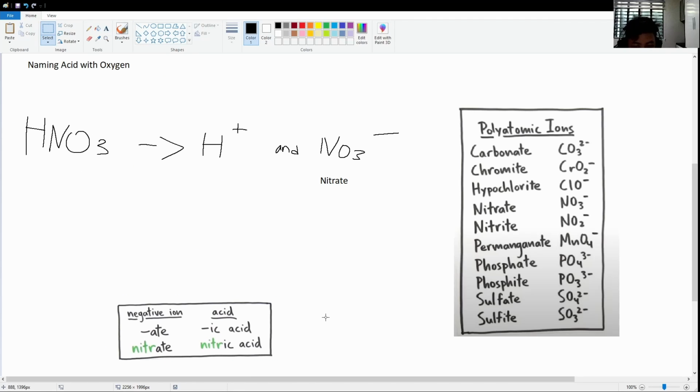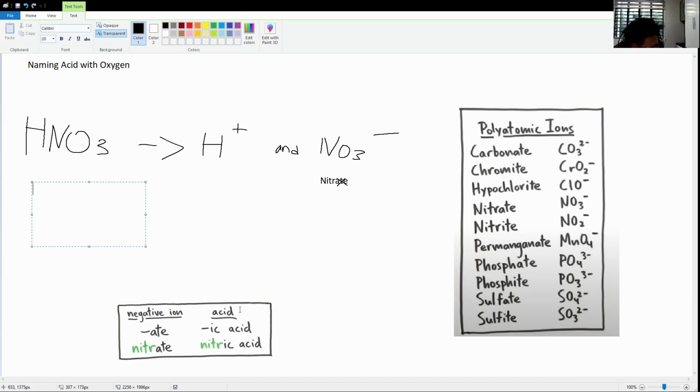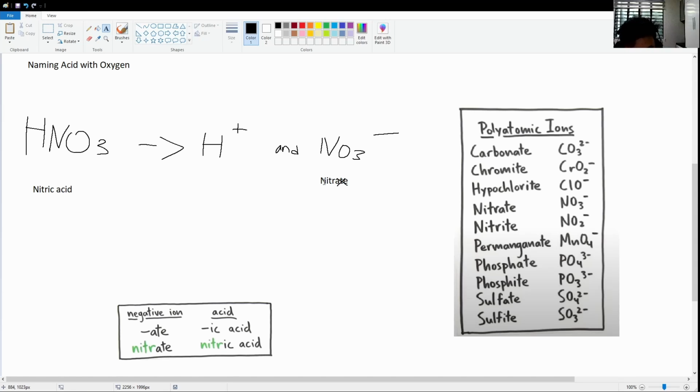Nitrate ends with ATE, so we're just going to take the NITR, then cross out the ATE and put in IC. So it's going to be nitric acid. Take the NITR, then add IC, so it becomes nitric acid.